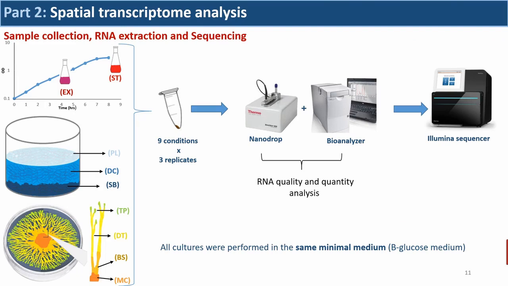It is important to note here that all the cultures were performed in the same minimal glucose B medium. For the 27 samples, RNA extraction by mechanical lysis was performed, and then an assessment of the quantity and quality of the RNA by NanoDrop and Bioanalyzer was also done, to be sent afterwards for sequencing at the UWC platform.